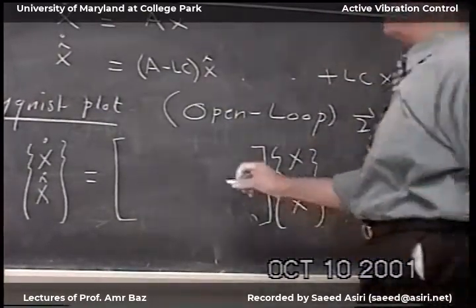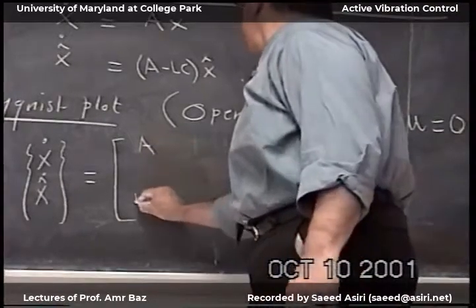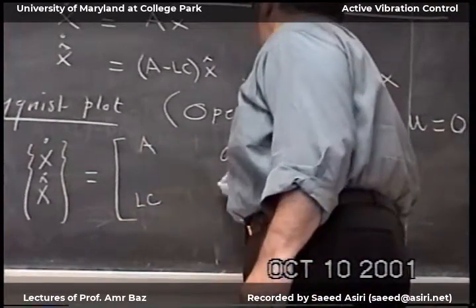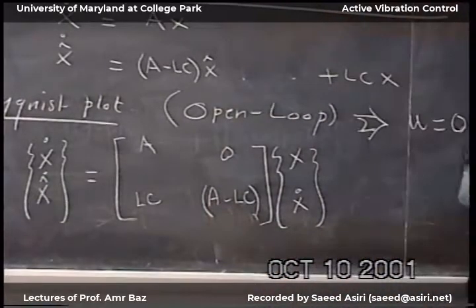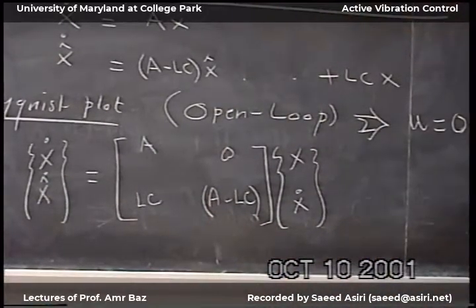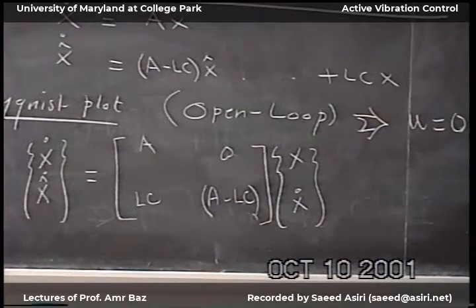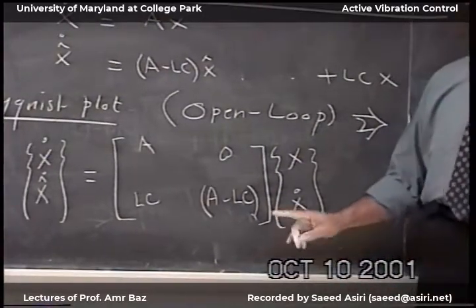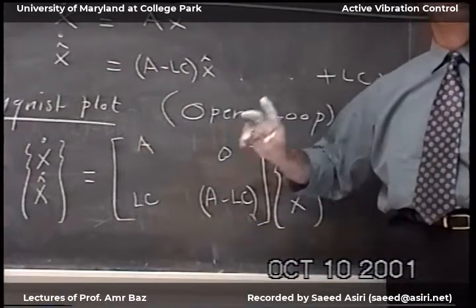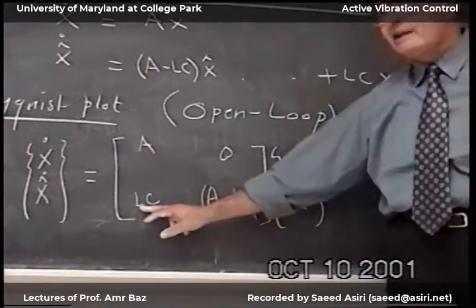And then I have here A, I have LC, A minus LC. Now, if I don't have the observer or the Kalman filter, L is equal to 0.